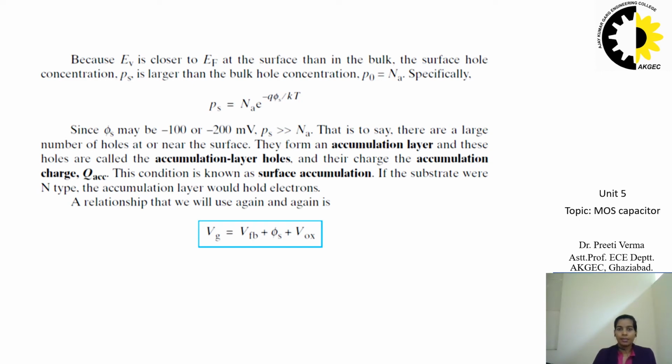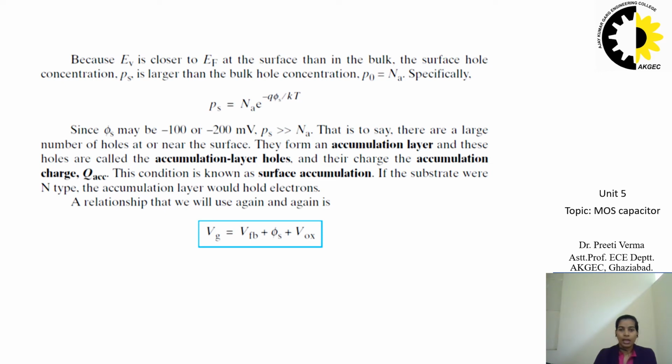Specifically, Ps is equal to Na e raised to the power minus q phi s by kT. Since phi s may be minus 100 or minus 200 millivolts, Ps is very much greater than Na. That is to say, there are a large number of holes at or near the surface.